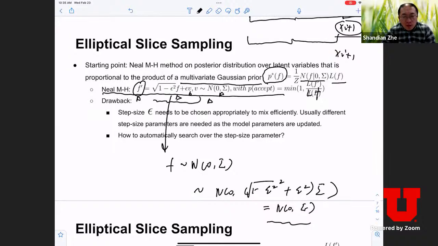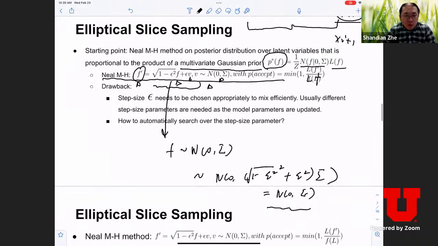And then you need to do this. I guess it will cancel anyway, but it's better to follow the strict definition. Starting from F, you jump to F prime.